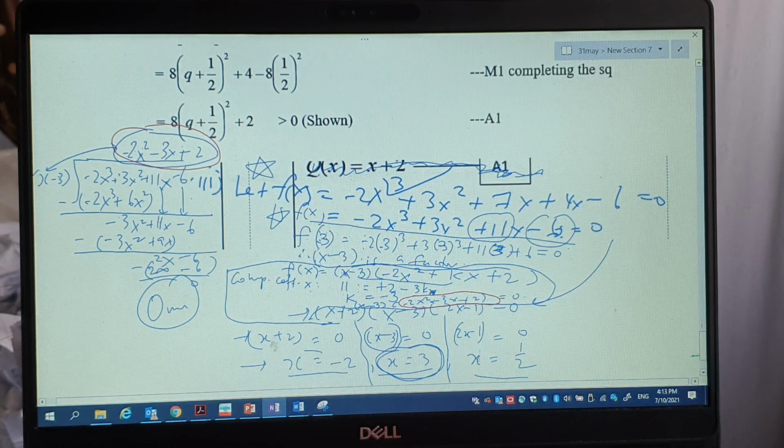So you can either use long division to find this, or you can use this compare coefficient method to find this. But no matter what, you must show this working.